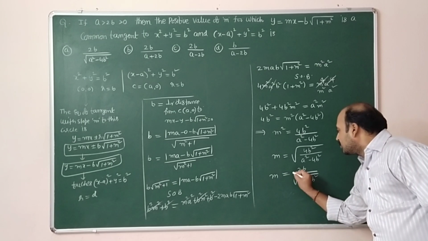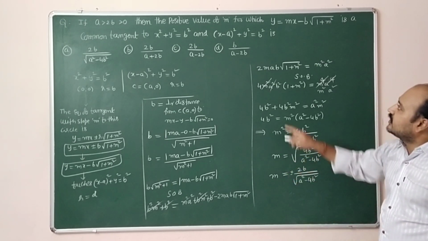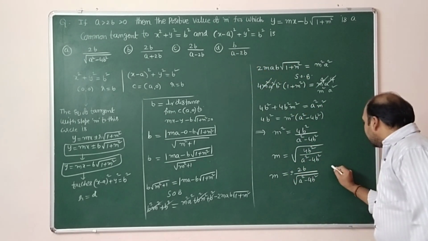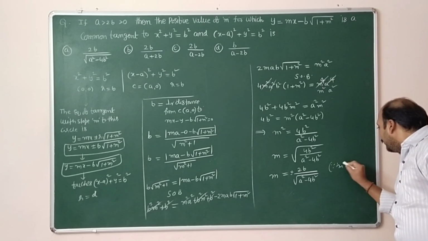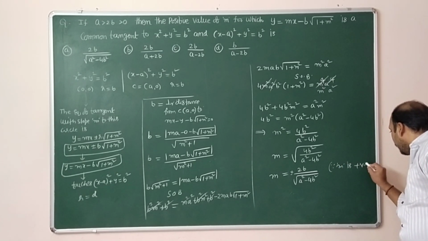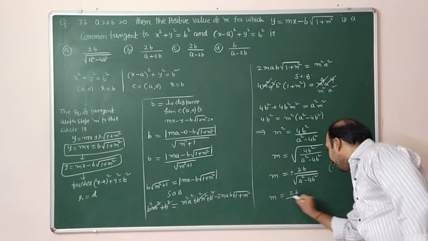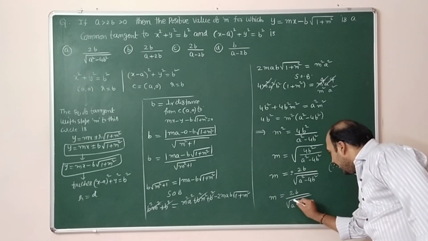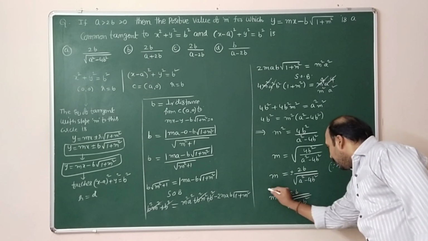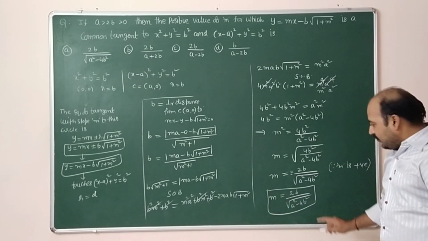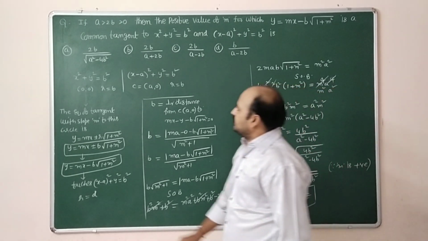This is the m value; actually plus or minus will come. They are asking to consider the positive m value. Since m is positive, you will consider m equal to 2b by root over a square minus 4b square. This is the positive value of m, which is there in the first option.